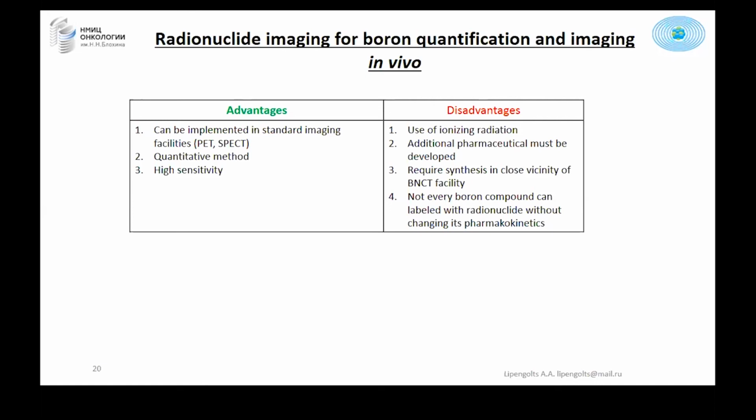And one additional disadvantage of this method is that not every boron compound can be labeled with a particular radionuclide. For example, BSH, which is the second most popular boron-containing drug for BNCT, is not easy to label with fluorine-18.